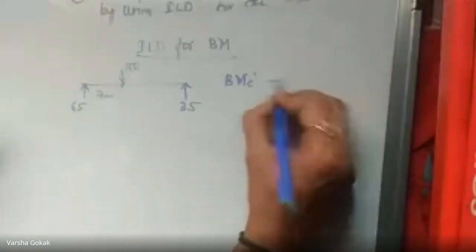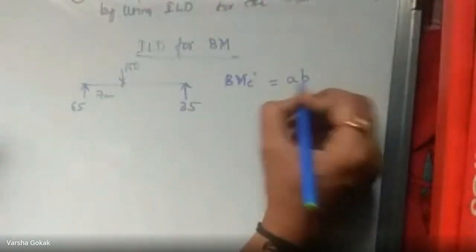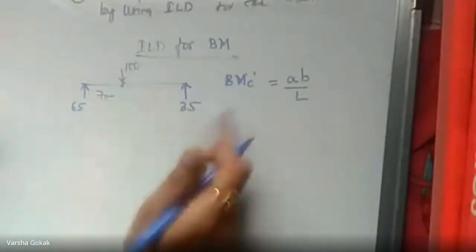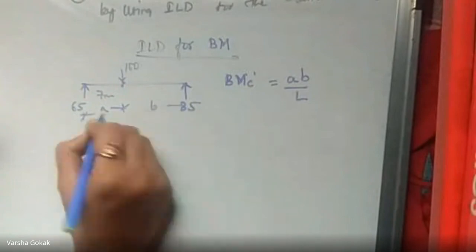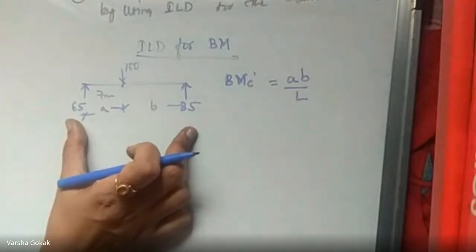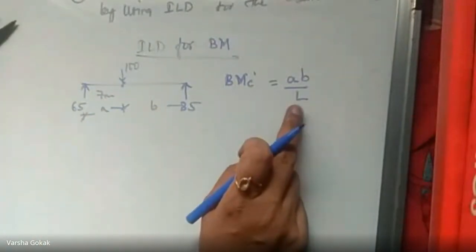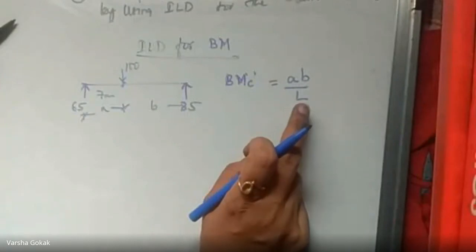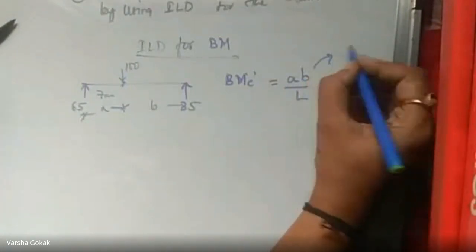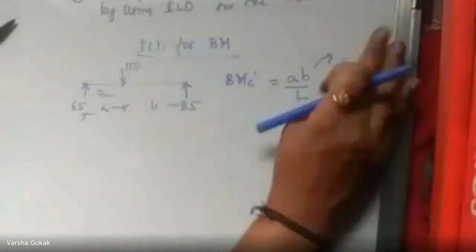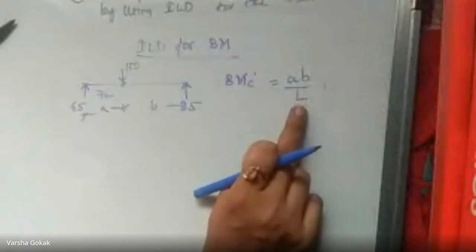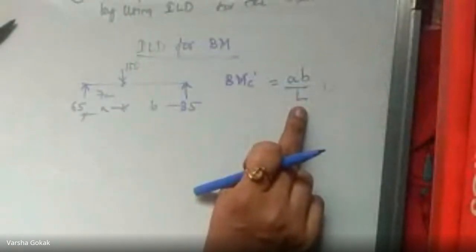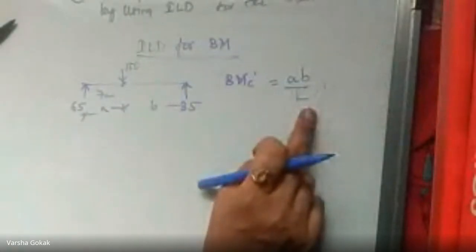The bending moment formula is AB by L, where this is your A, this is B, and the entire span is L. It is WAB by L, where W is equal to 1. That's why it has become AB by L. We derived this; if you check your notes, you'll get to know.